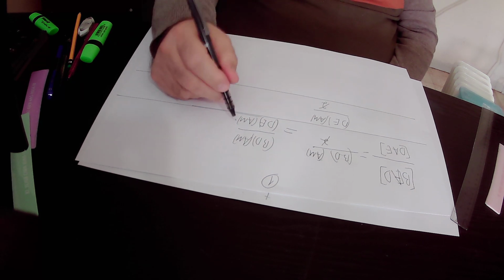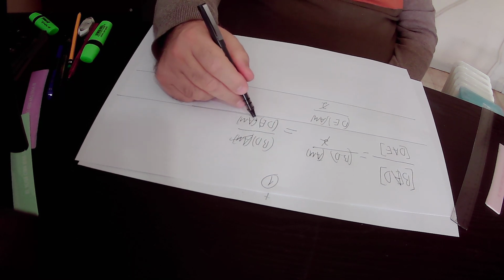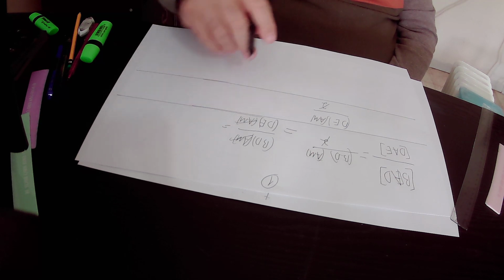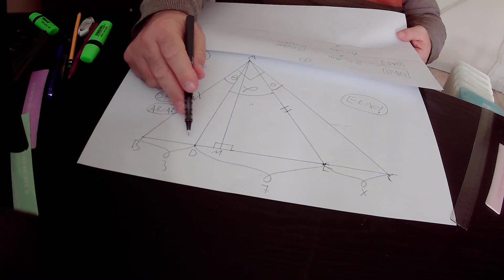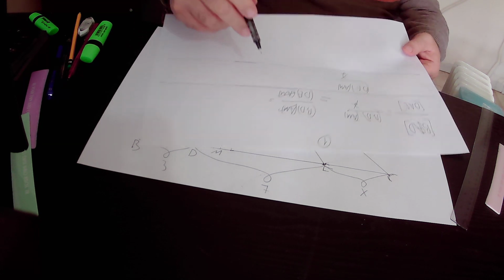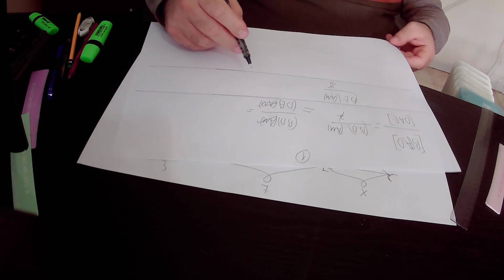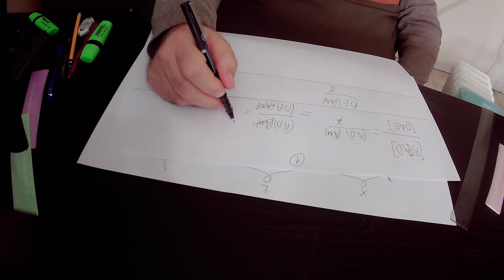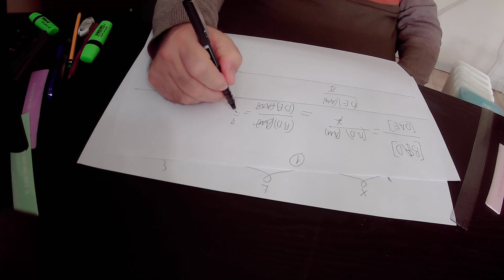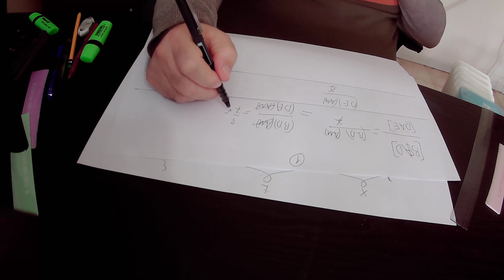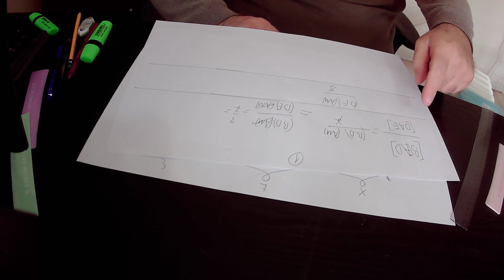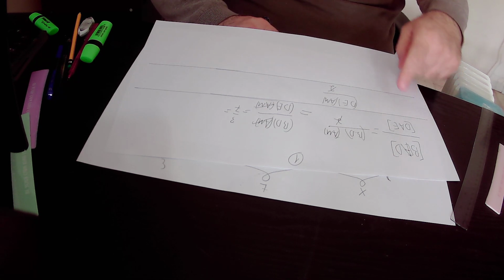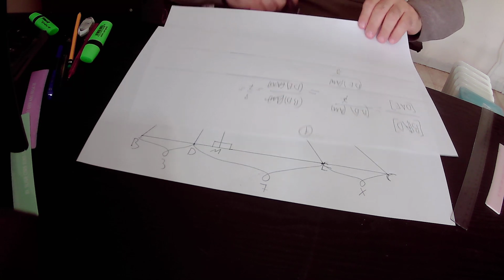Here AM over AM is 1, so AM will get cancelled. It is given in the question that BD equals 3 units and DE equals 7 units. So BD is 3, DE is 7. We found that the area of triangle BAD over the area of triangle DAE is 3 over 7.